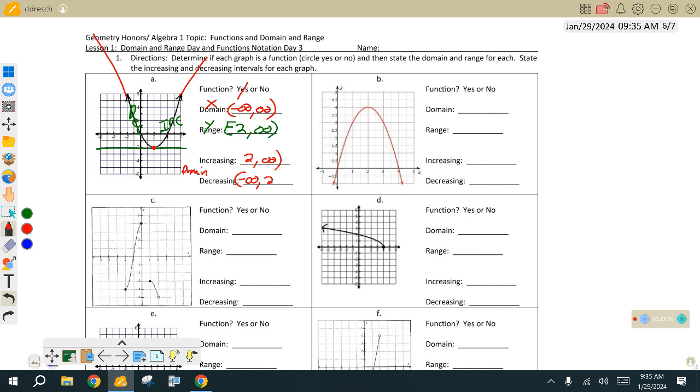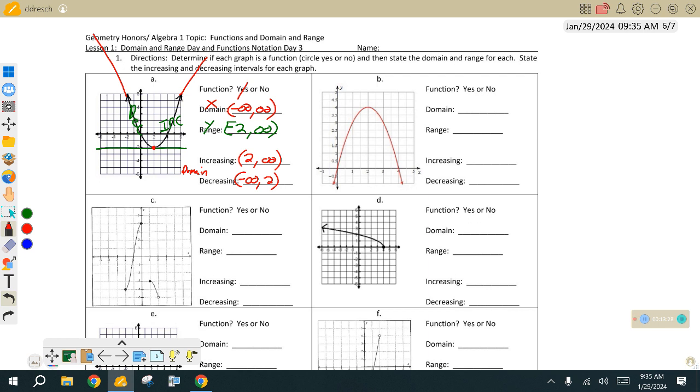You just got to find that very special place where it's flipping from increasing to decreasing or decreasing to increasing, whatever the case is. Now I haven't put a parentheses or brackets here, and this is the one time where students get a little confused. I'm going to use a parenthesis because at 2, it's neither increasing nor decreasing. 2 is that switch where it's flipping, right?